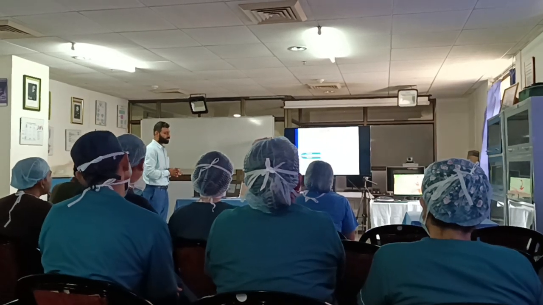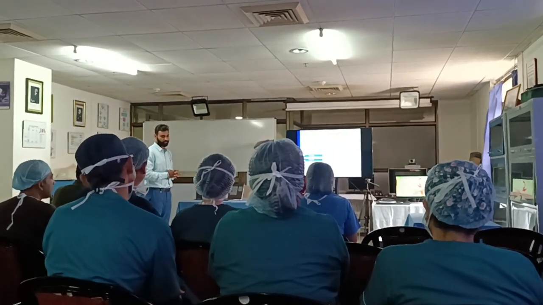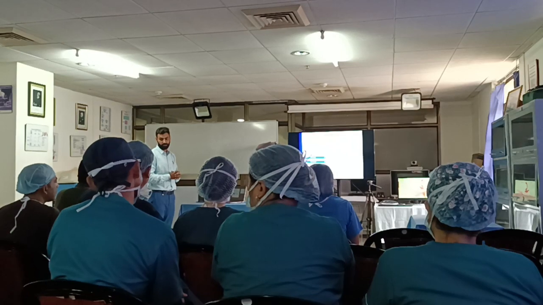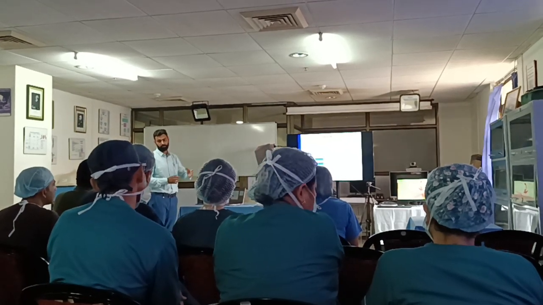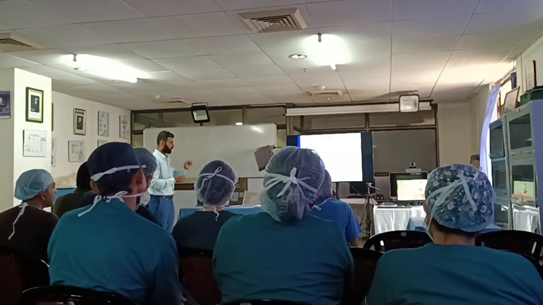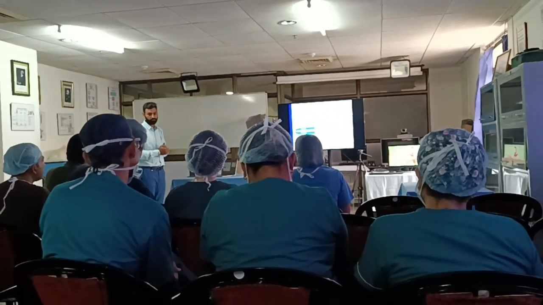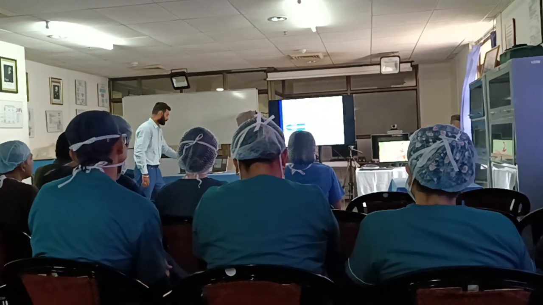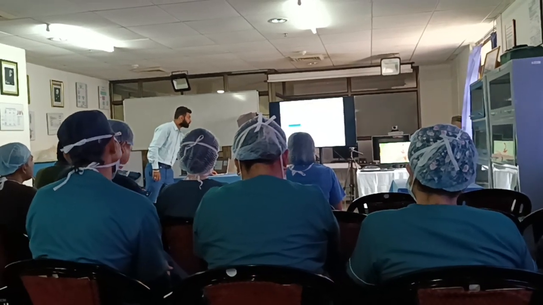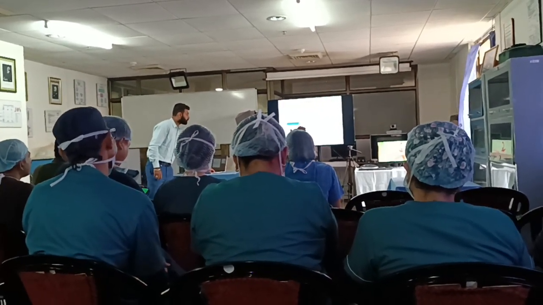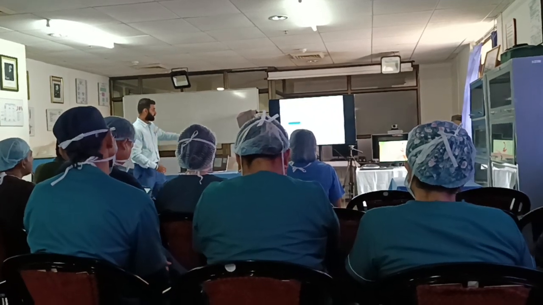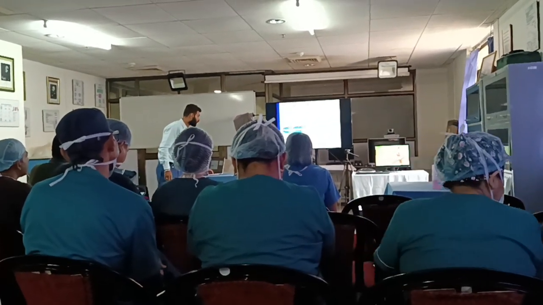If my fibrinogen is healthy, and we have a reference range for that, we can conclude that the patient might be bleeding due to platelet deficiency. Or if my fibrinogen is very low, we have to give fibrinogen first and then treat the patient. Here we can see a low amplitude as compared to the normal one.